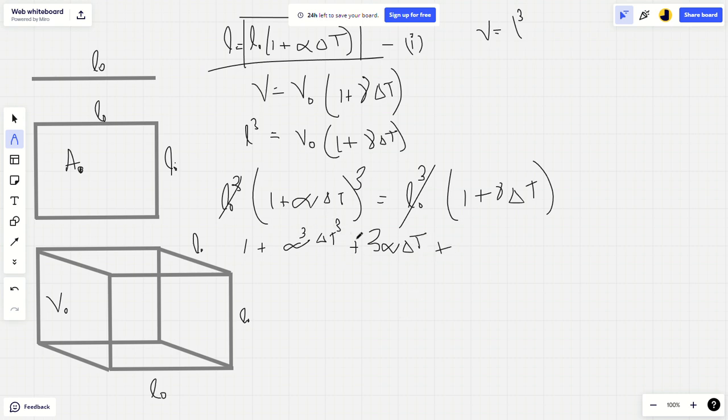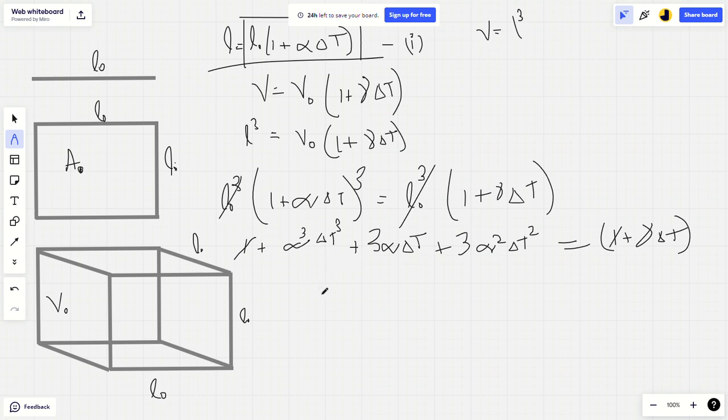So 1 is going to stay 1, so 3 alpha square delta t square plus 3 alpha delta t equals 1 plus gamma delta t. So we can cut the 1 from this side and this side, and we are going to be left with alpha cube delta t cube.